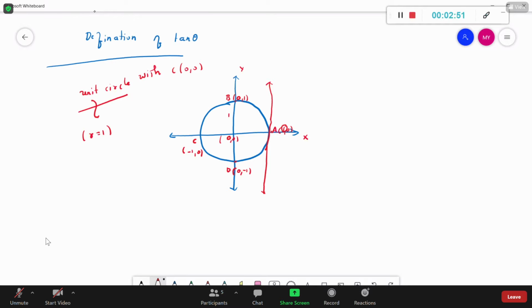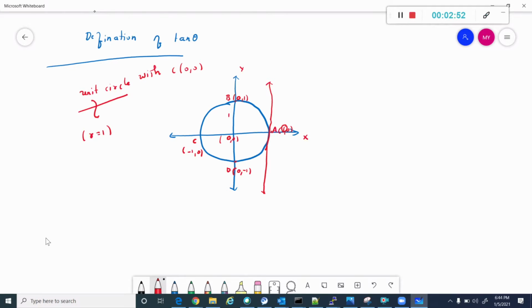Now I will recap the definition of tan theta and take you through it in this class. Say I have this OA ray, where O is my fixed point and A is the tip of the ray. I have rotated OA through an angle theta.